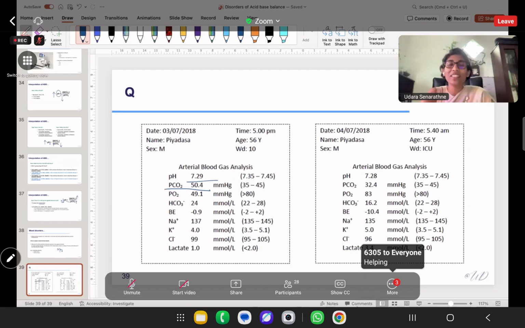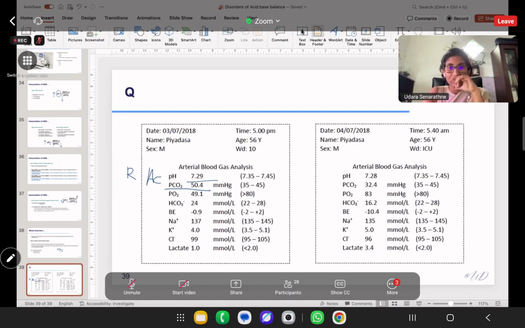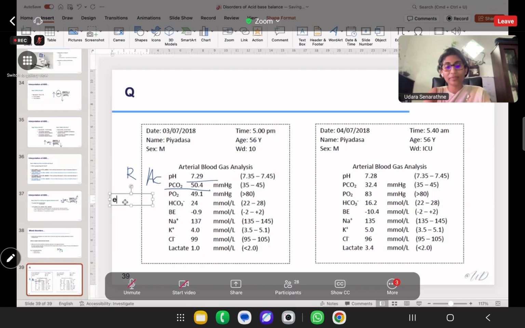Therefore, we can identify this as a respiratory acidosis. I'm going to write AC for the acidosis. So this is going to be respiratory acidosis.